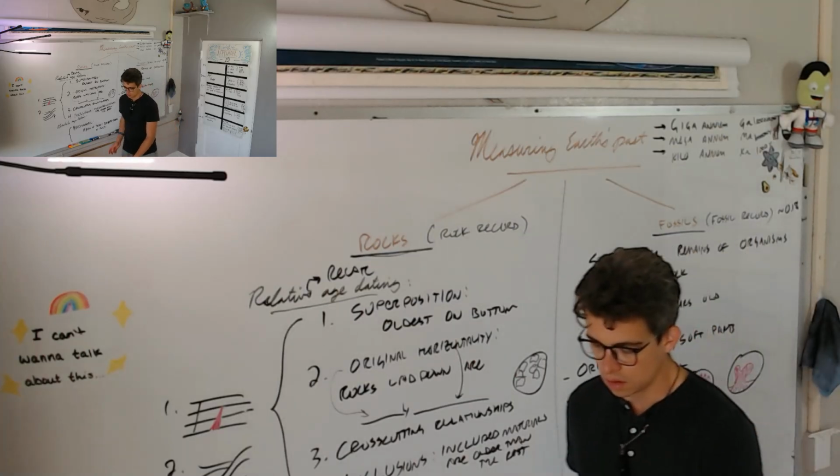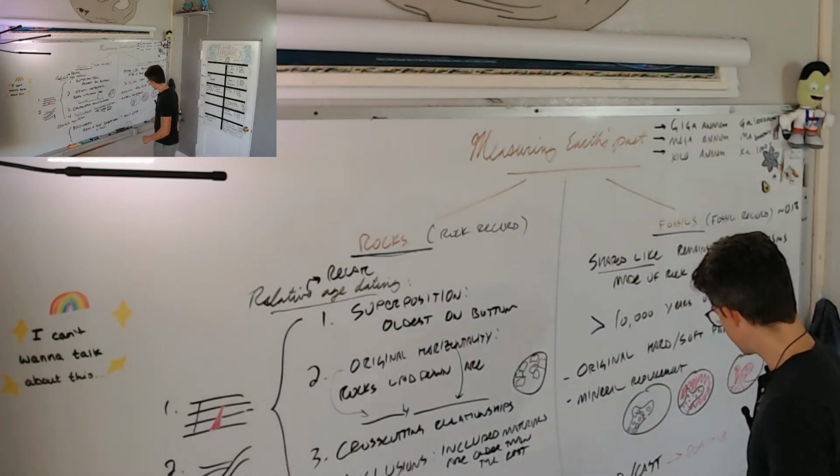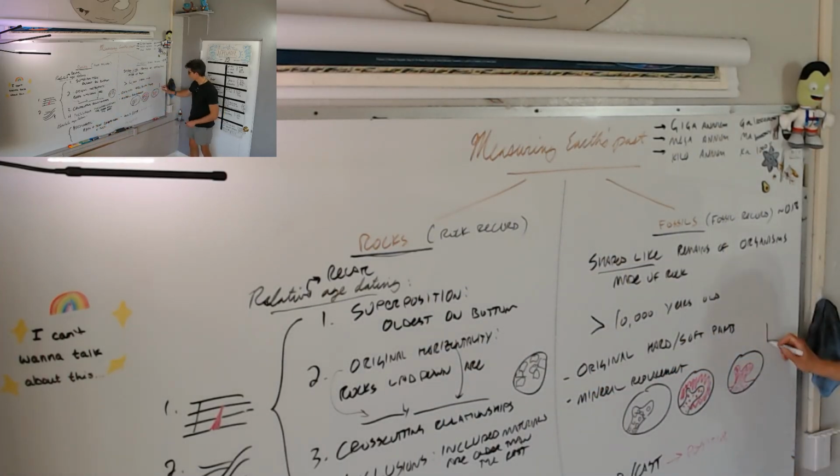Oh, I almost forgot something else. These are fossil preservation methods, ways that fossils can be preserved, but there's a difference between what we call trace and body fossils. Trace fossils are fossilized behaviors.